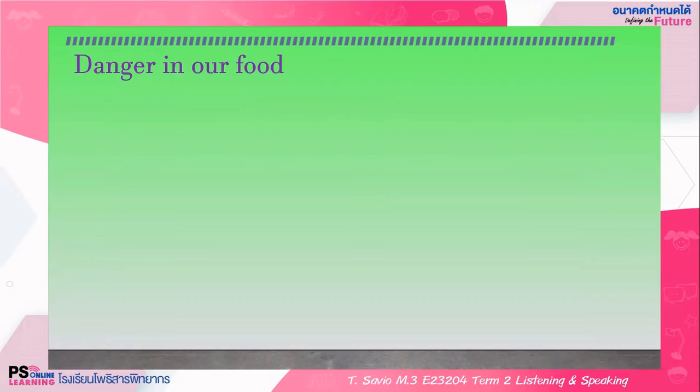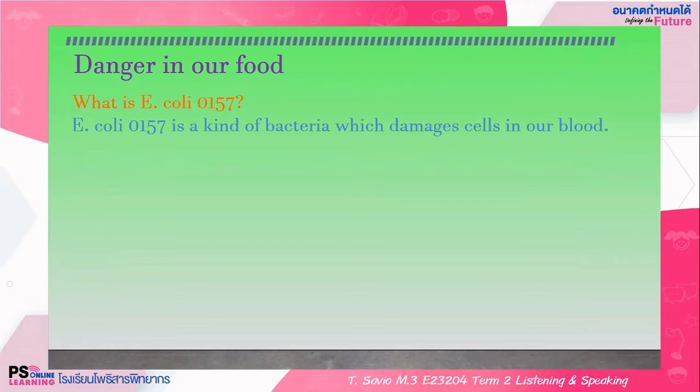Now that we've seen the video, we can answer the questions. Danger in our food. What is E. coli 0157? E. coli 0157 is a kind of bacteria which damages cells in our blood. How do people get it?